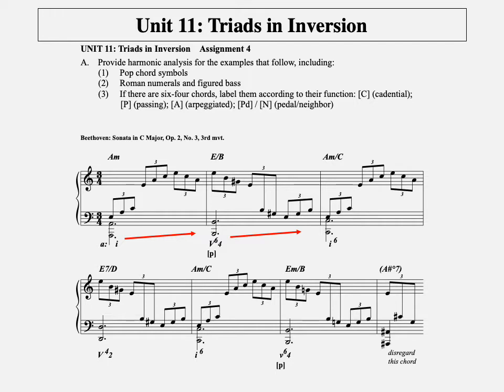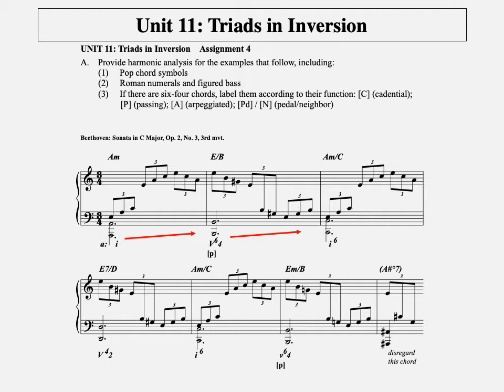As is the case with all passing 6-4 chords, the thing that makes it apparent is the bass line moving up through it by steps, going from A to B in the E, G, B chord, and then to the A, C, E chord at the end where C is the bass note. So that A, B, C stepwise motion is the passing 6-4 motion there.